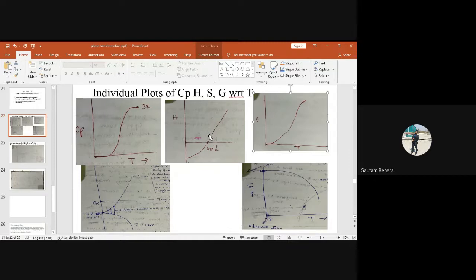In school days, yes, we defined heat as a form of energy, basically, right? But heat is something, or heat is a quantity, you can say. Heat is a quantity which goes into the system and the system temperature rises, right?